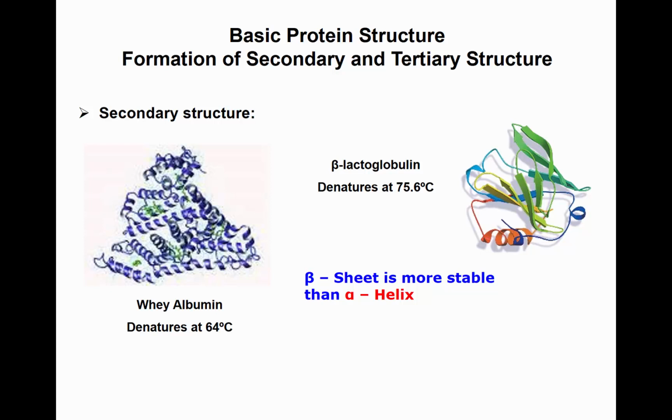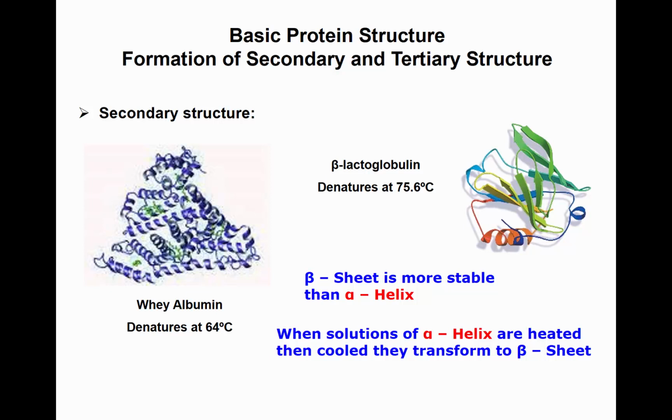So this structure impacts the denaturation temperature. That means at which temperature the protein unfolds or changes from its native form. So you can see here beta-lactoglobulin denatures at 75 degrees Celsius, whereas albumin denatures at 64. So there's a difference. Denaturation impacts functionality. We'll learn about that when we cover denaturation, but that is an important characteristic.